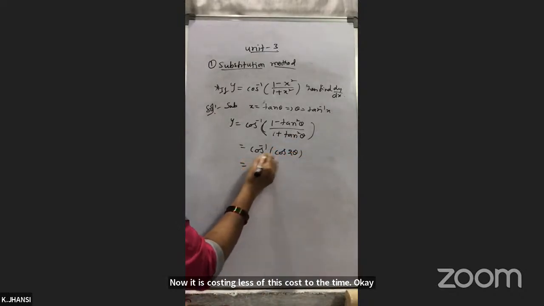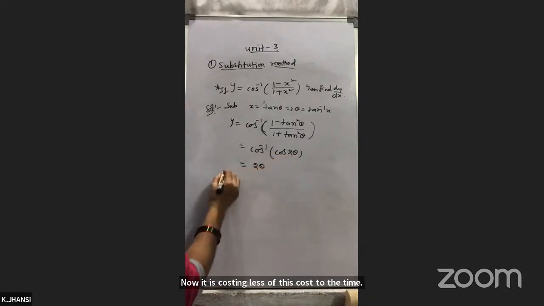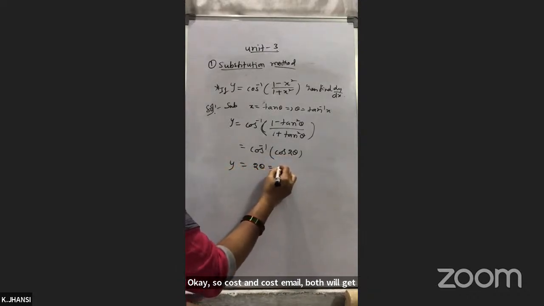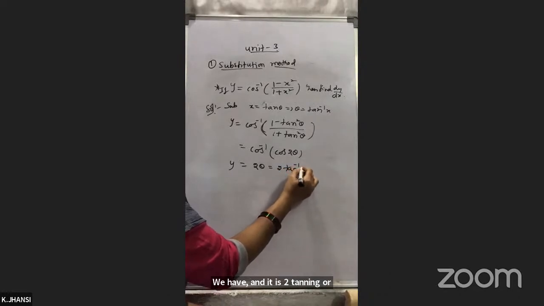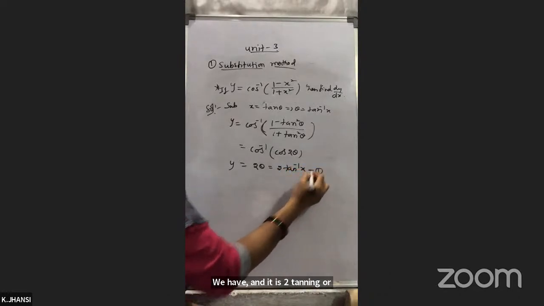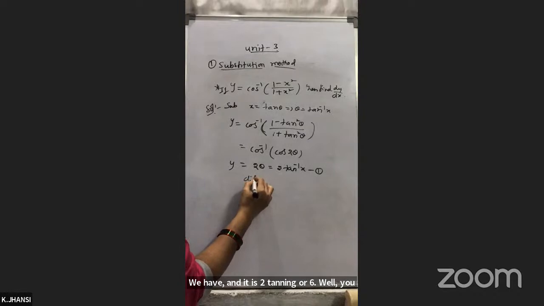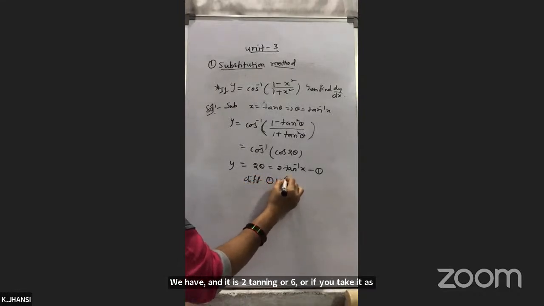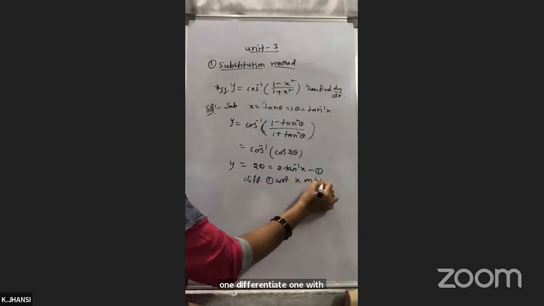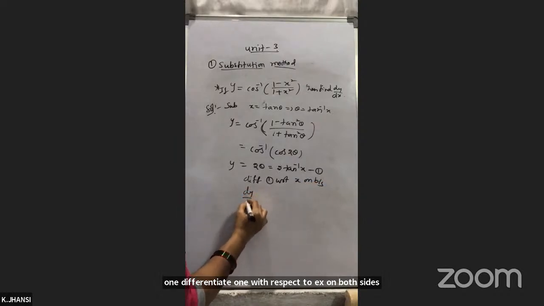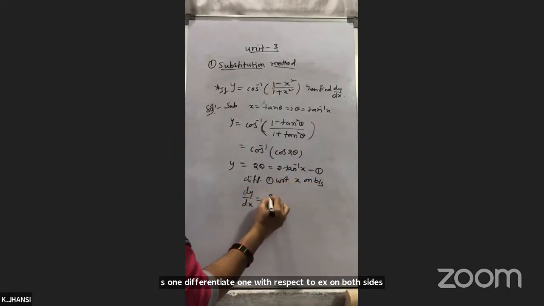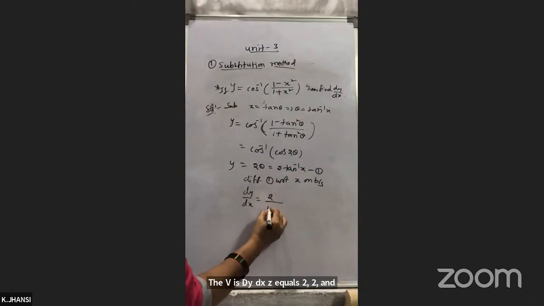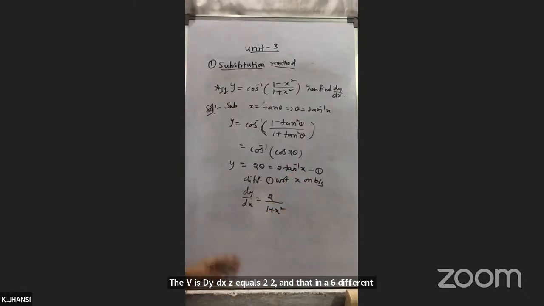So cos and cos inverse both will get cancelled. 2 theta will have, and it is 2 tan inverse x. So if you take it as y, differentiate y with respect to x on both sides. So what you will get, dy by dx is equals to 2, and tan inverse x differentiation is 1 by 1 plus x square. So our required dy by dx is this one. Okay.